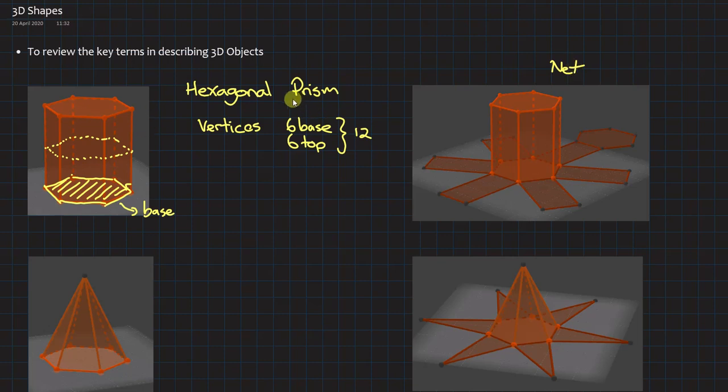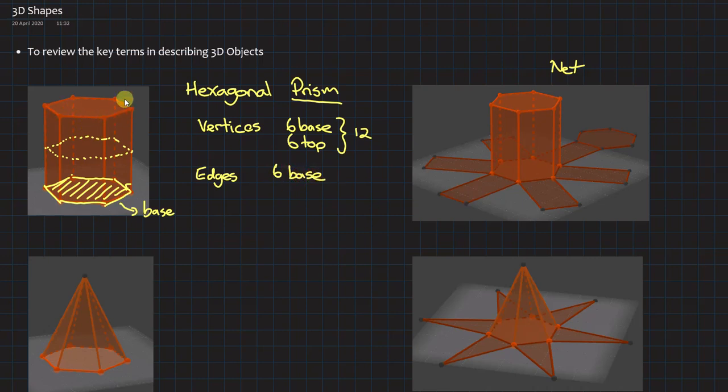Now when people look at the nets, this diagram on the right, the flattened out version, they often get confused counting all the connecting ones and these extra points. What you need to remember is look at the top, look at the base. We have to ask, how many edges are there? And again, do them in groups. On the base, we've got 6 edges.